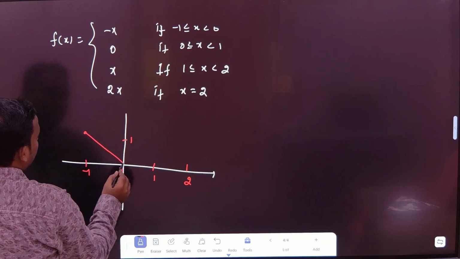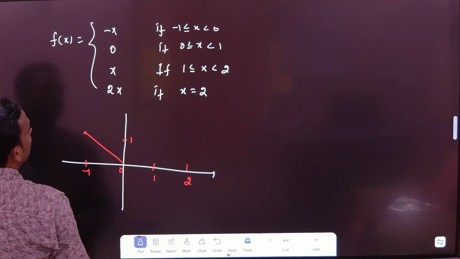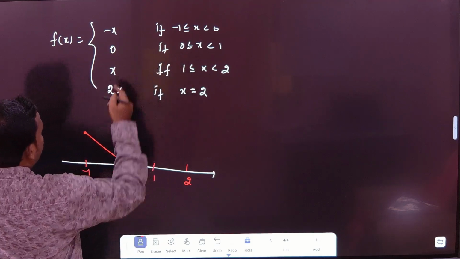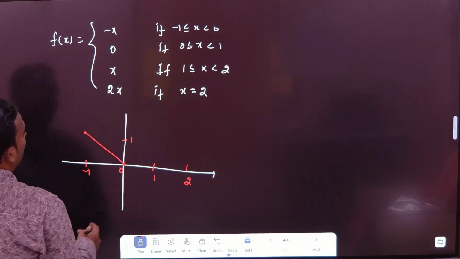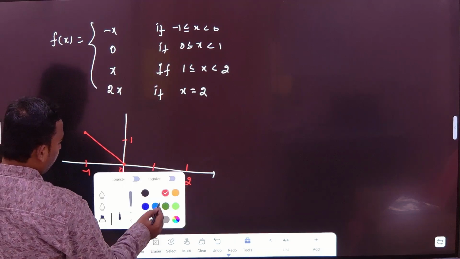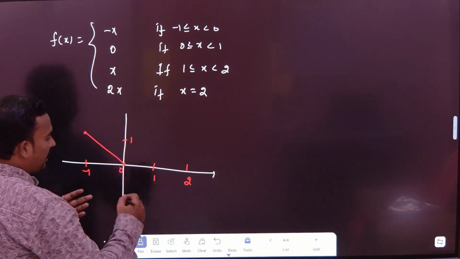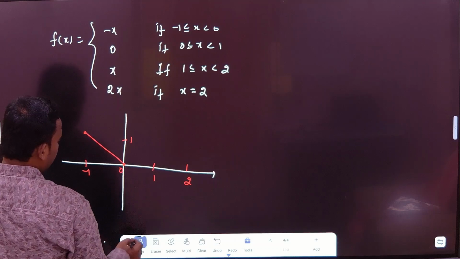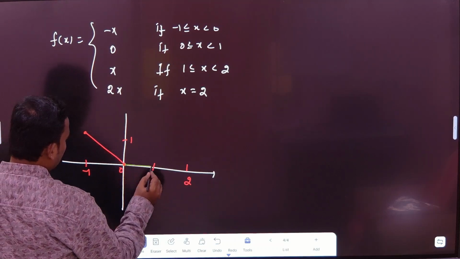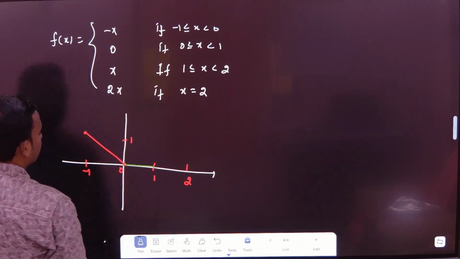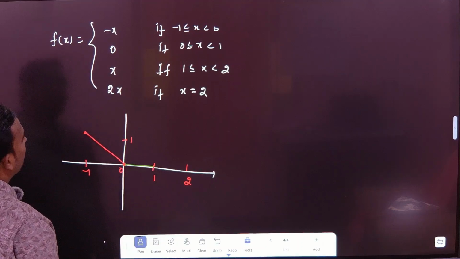Y is equal to minus x. 0 is not included, right? When you equate to 0, there's no problem. For 0 to 1, you can see y is equal to 0. Y is equal to 0 means the x-axis, right? So the x-axis, you can take this one, right? X-axis, y is equal to 0.